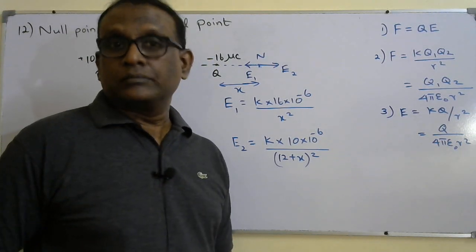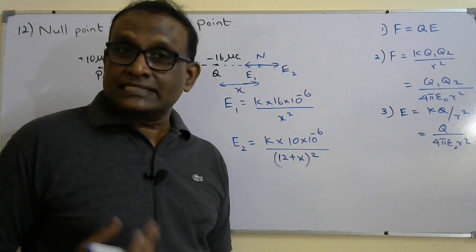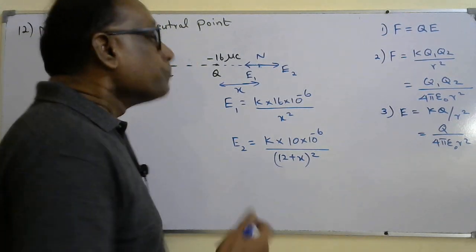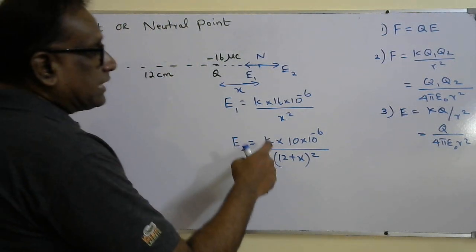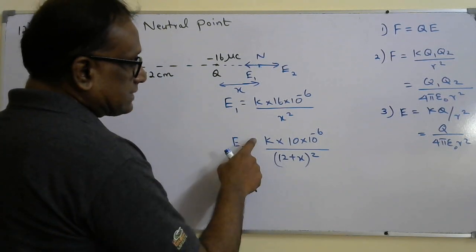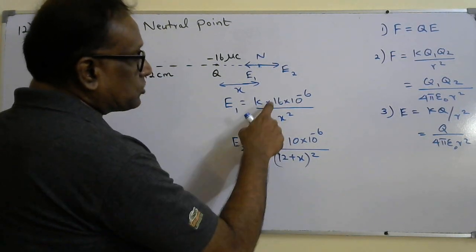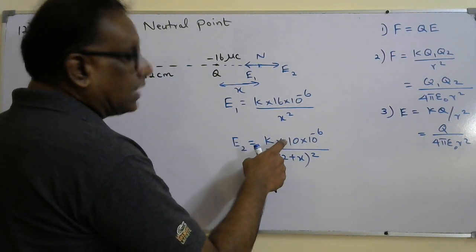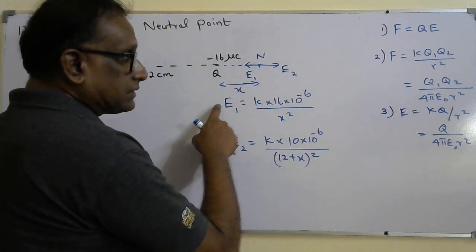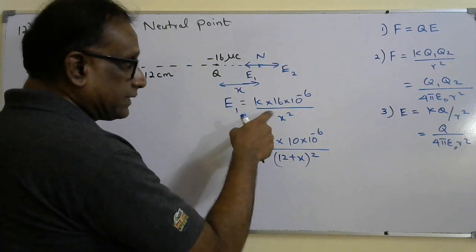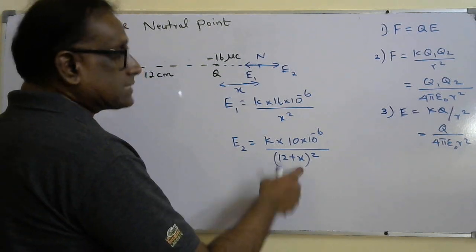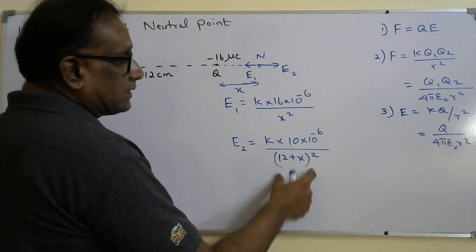They are in opposite direction, but if they want to cancel each other, they should have the same magnitude. Is it possible? No, because when you consider the numerator, K is the same, 16 and 10. 16 is greater than 10, so the numerator of E1 is larger. Again, consider the denominator, x squared versus 12 plus x squared. This is larger.